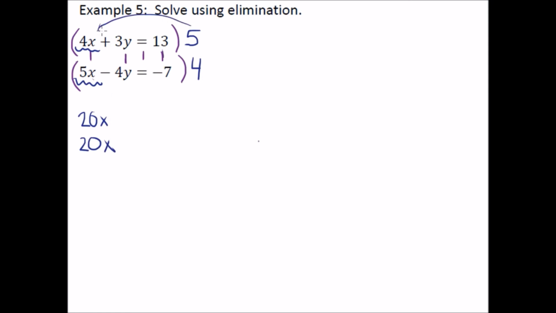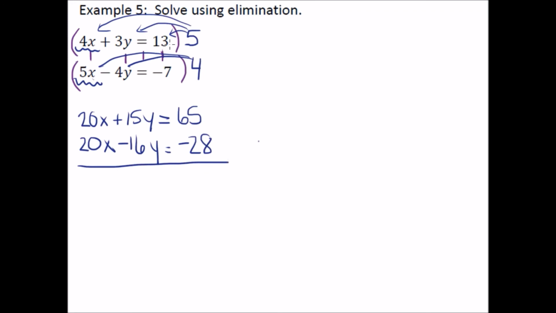Okay, so 5 expanded in here: 20x plus 15y equals 13 times 5, 65. And we're going to have 20x minus 16y equals, and then 4 times 7 is 28, so negative 28.